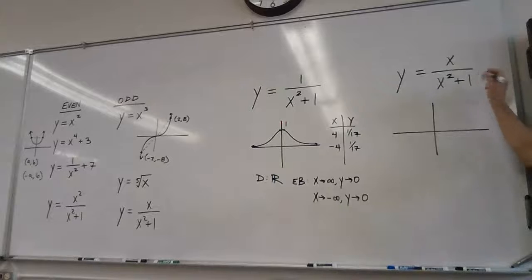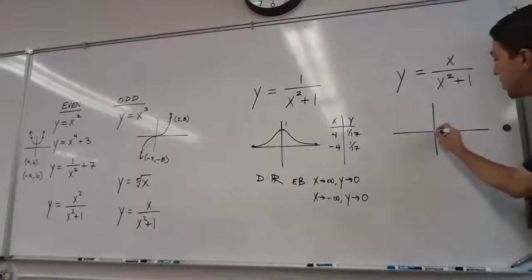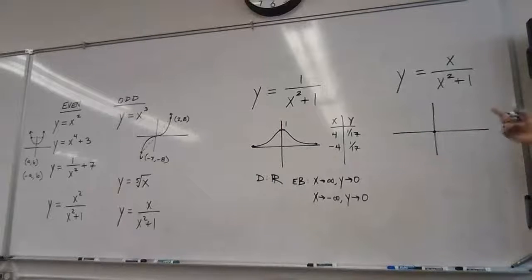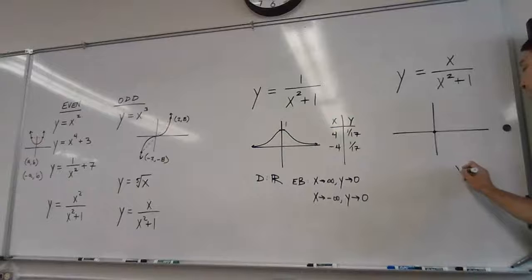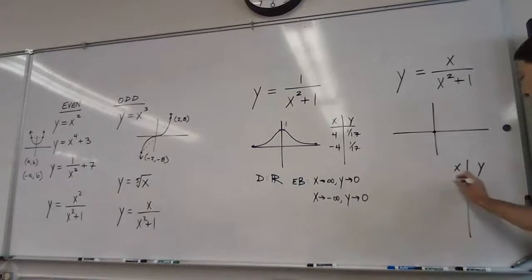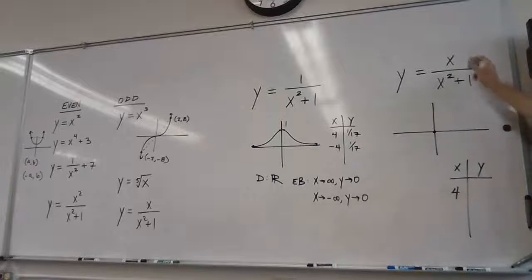If you plug in 0 into this function, what comes out? 0. The big difference is that this function is odd this time. So if I pick the same number I picked last time, 4, and plug in 4, I get 4/17.